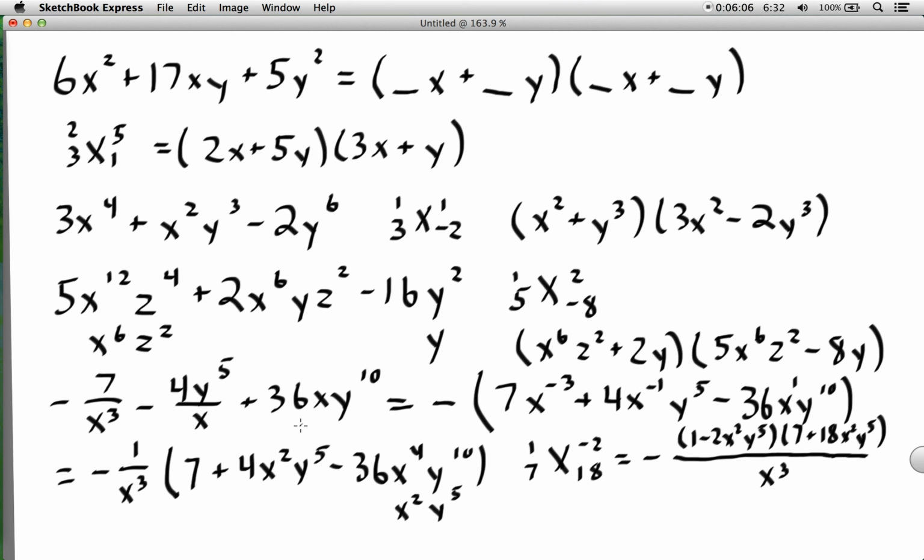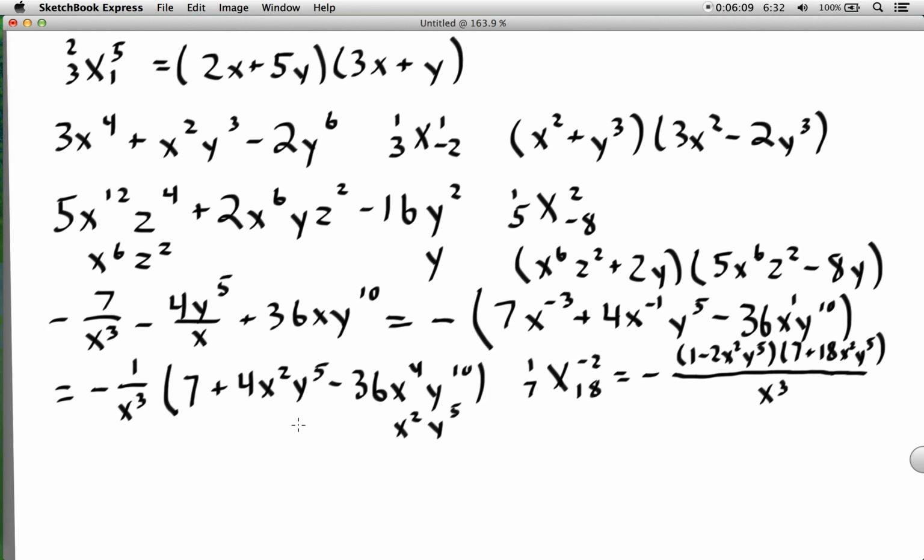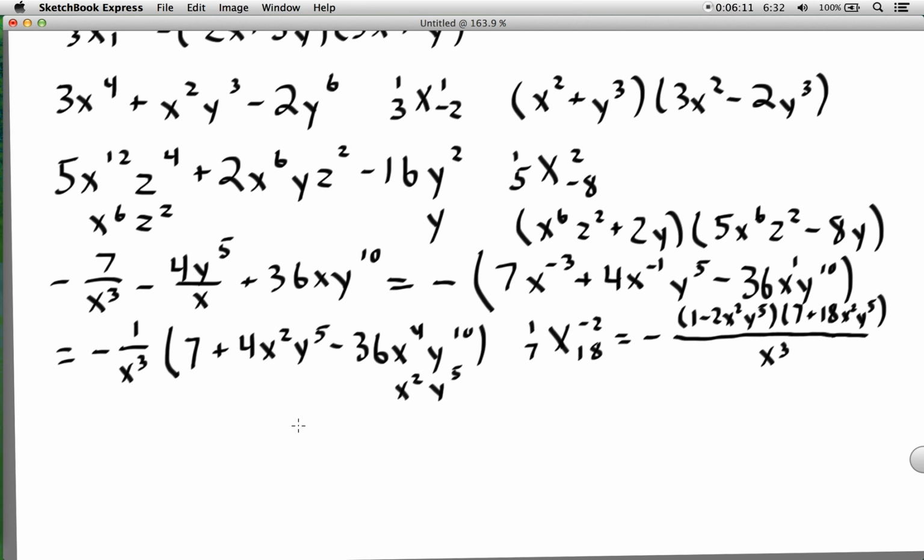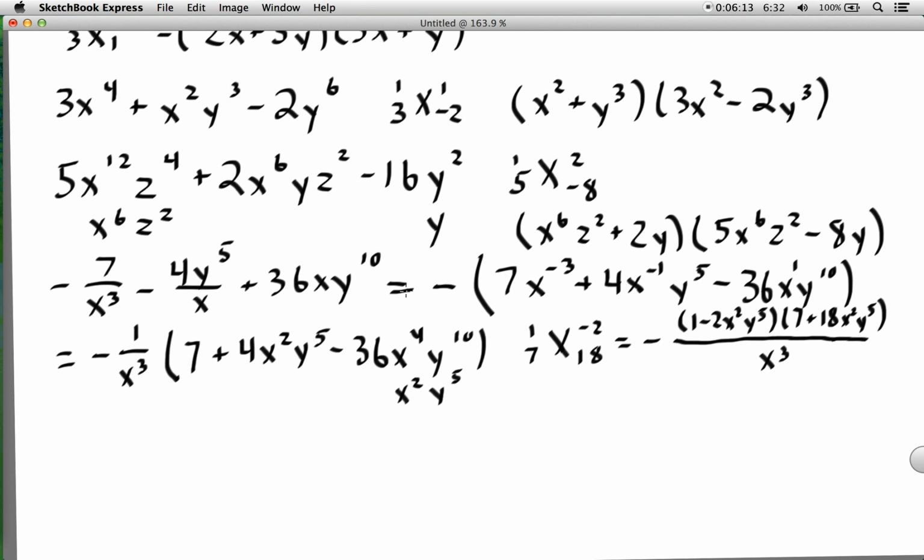Now, there's just one more step we can do here, just to make this problem a little bit neater, it's already factored. What we can do is reverse the order of each of these terms so that the variables are at the front part of them. When you have a plus, we can switch the order without a problem. It doesn't affect anything. But when there's a minus, we need to factor out a negative from the whole thing, so that we'll have positive 2x squared y to the fifth minus 1.